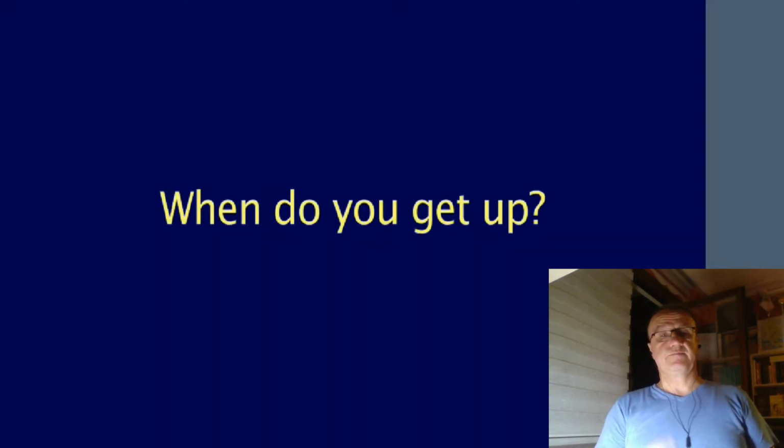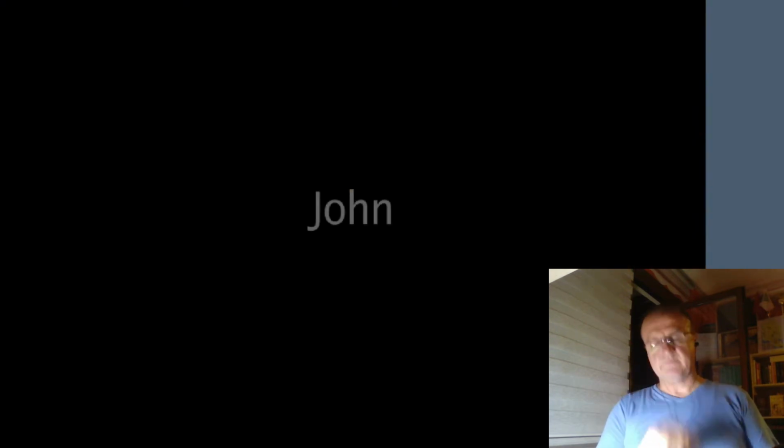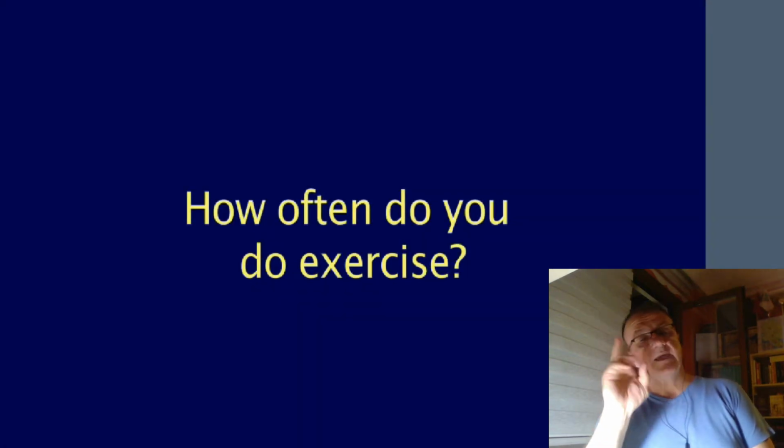When do you get up? I get up at 7 o'clock. Julia. John: I get up at 6 o'clock. Melissa: I get up at 6:45. Nicole: I get up at 6 o'clock. And the second question.